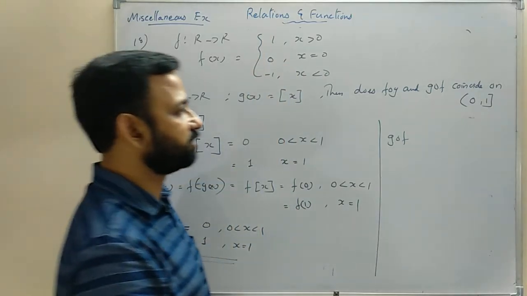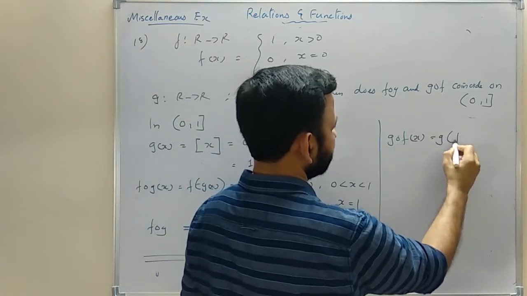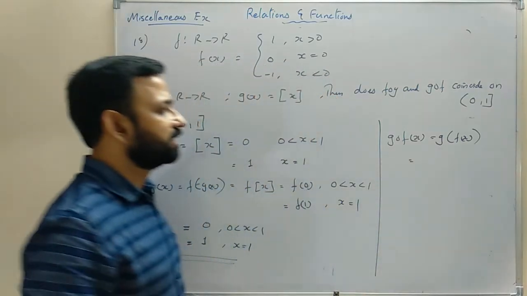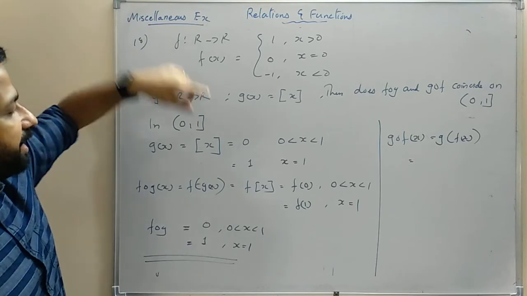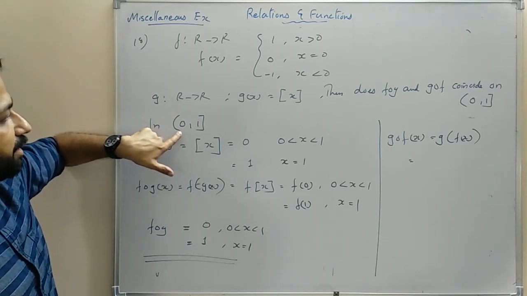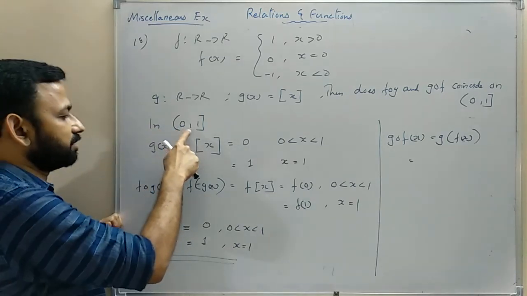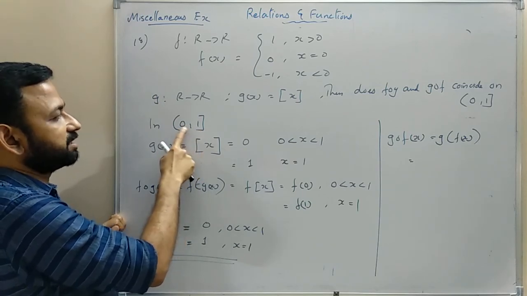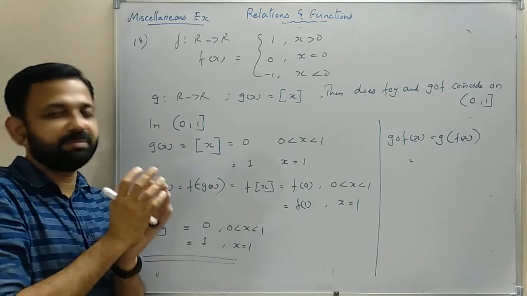Now we can find g composition f. g composition f of x is equal to g of f of x. And here this is our interval, the open-closed interval (0, 1].